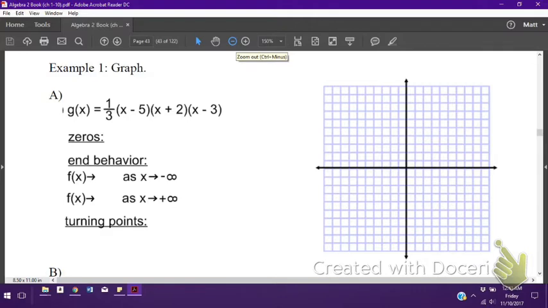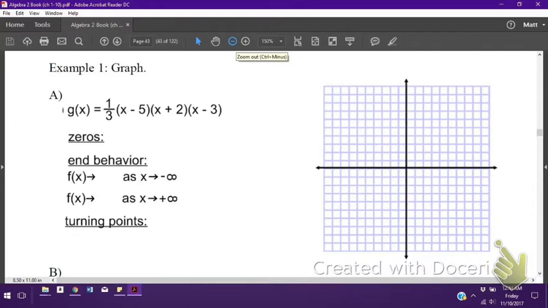In example A, we are looking at multiples of our binomials, right? So we got 1/3 times the binomial x minus 5 times the binomial x plus 2 times the binomial x minus 3. And so easy for us, we can easily find the zeros. Again, to find the zeros, all we had to do was take all of them and set them equal to 0, right?